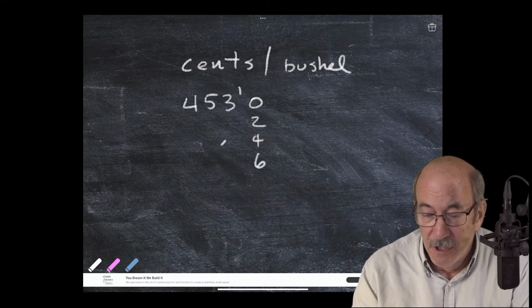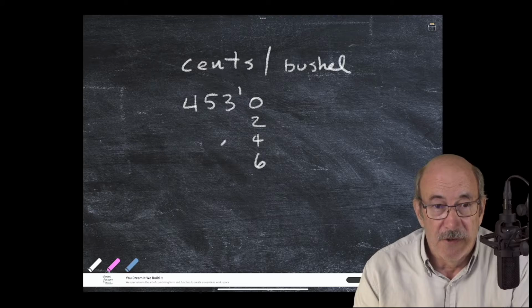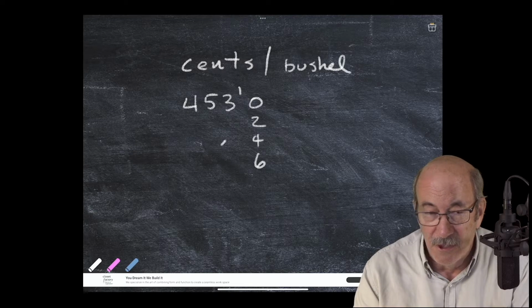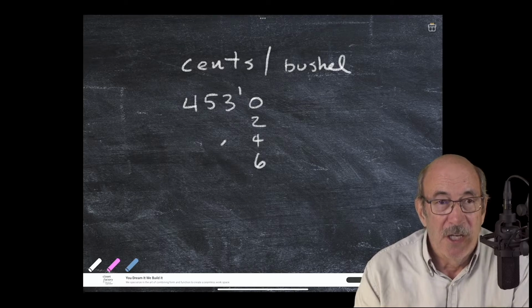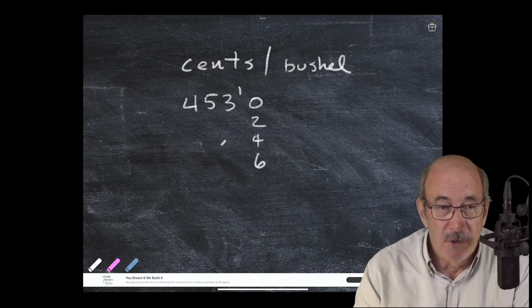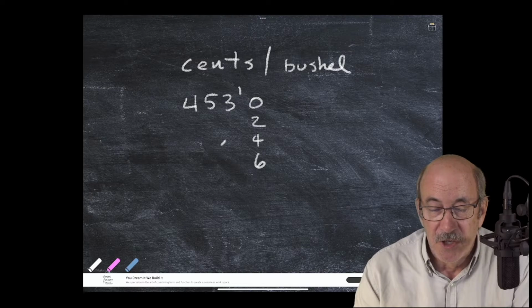So it's either $4.53 and 0.08 of a cent, $4.53 and a quarter penny, $4.53 and a half penny, $4.53 and 3/4 of a penny. So that's really the only thing you'll have to remember.